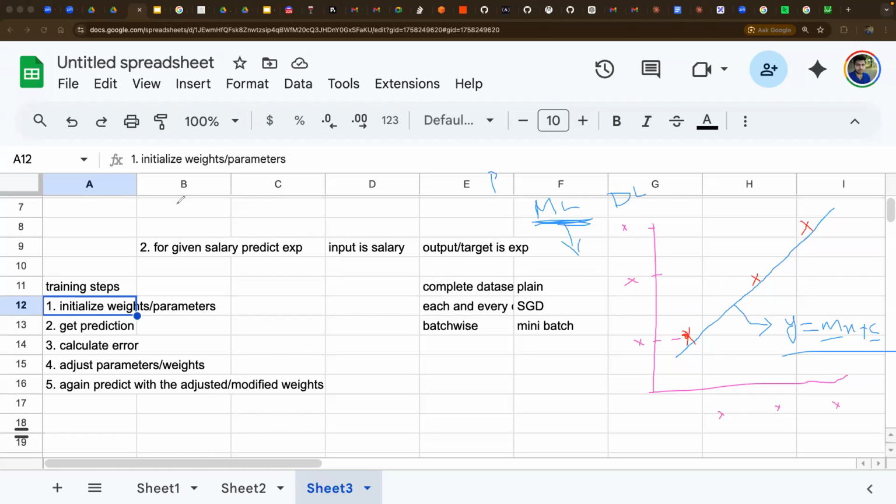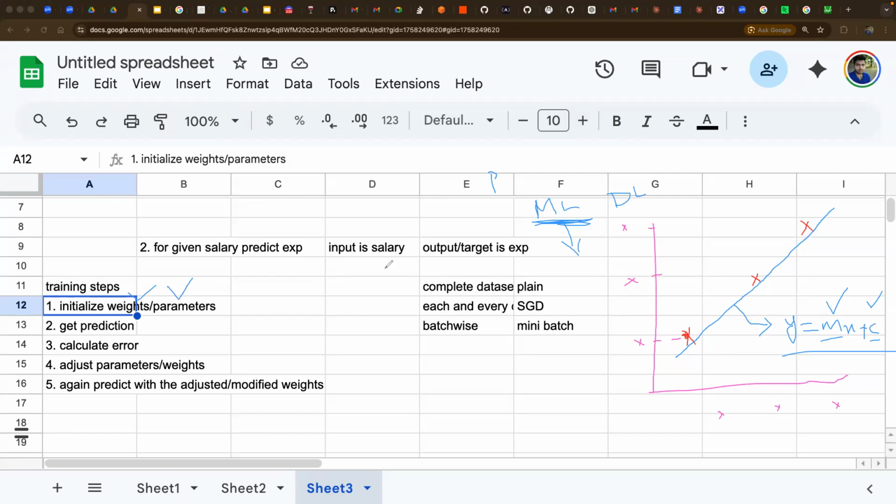So first, how would you come up with this? You will initialize random values for m and c, that is, initialize weights or parameters. m and c are the parameters of the model here.